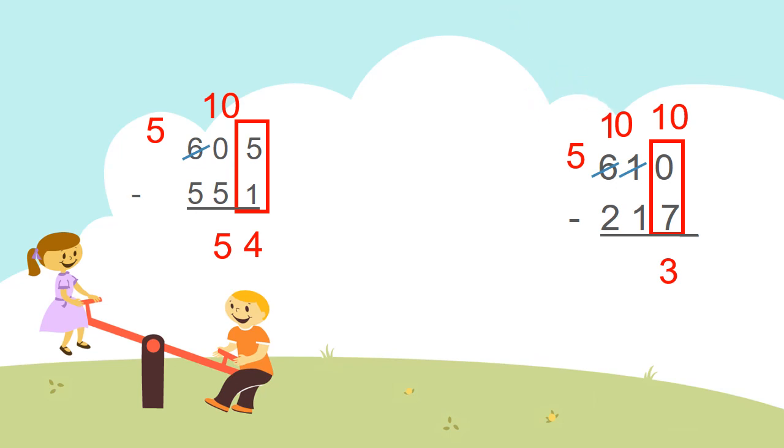So the tens became 10. Now 10, take away 1 is what? 9. You can get out 10 on your fingers and take away 1. You are left with 9. Now go to the hundreds. 5 minus 2 is 3.